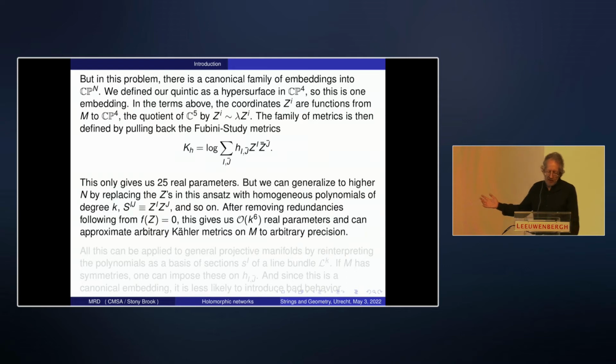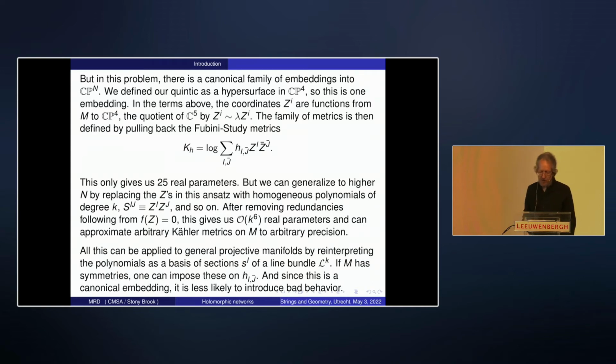I've taken all the sections, so the embedding is fixed, but I can put these larger and larger dimensional families of Fubini-Study metrics on this ambient space, this embedding space, and get more and more parameters to play with. And then this does have enough parameters to approximate the general metric. And of course, you could do this for general hypersurfaces and toric varieties. That's not in principle harder than this.